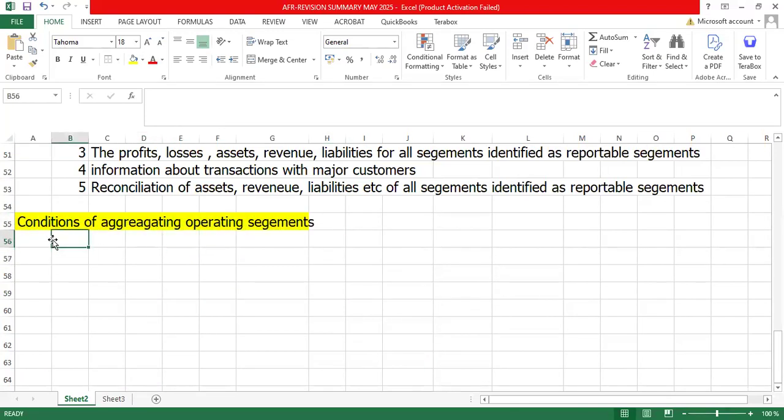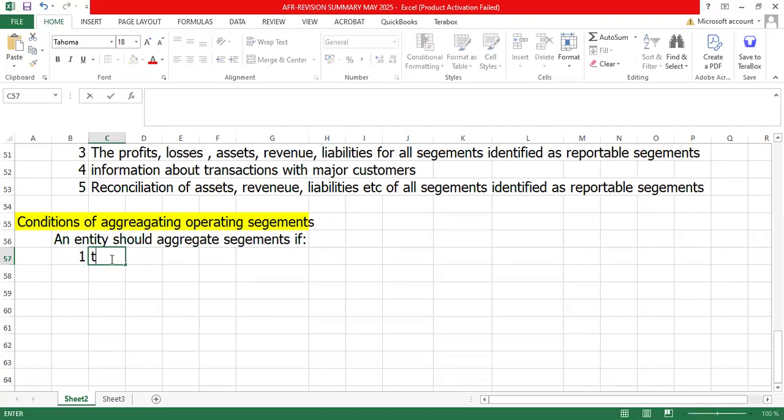Okay, so an entity should aggregate segments, reported as a single reportable segment, if they meet these conditions. One, they have similar production techniques.